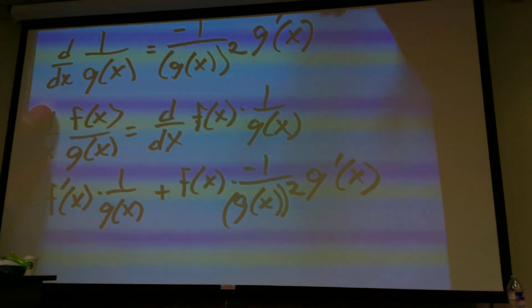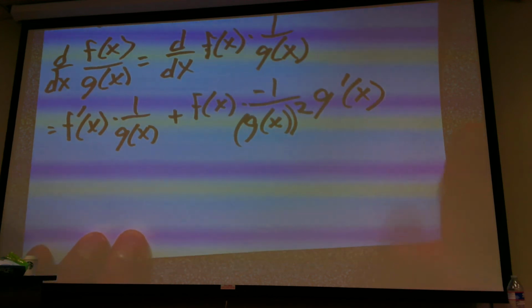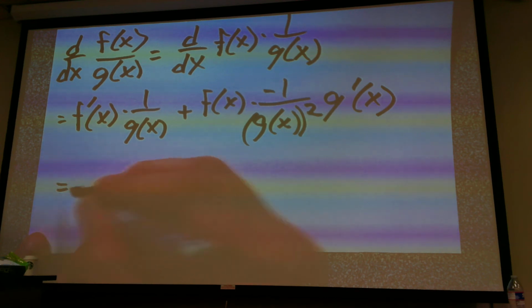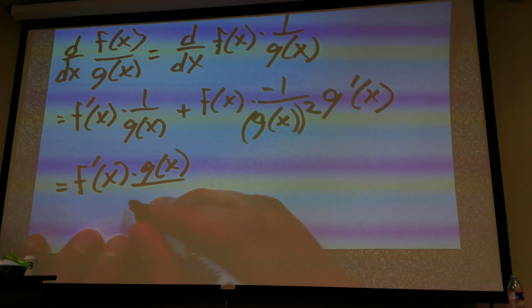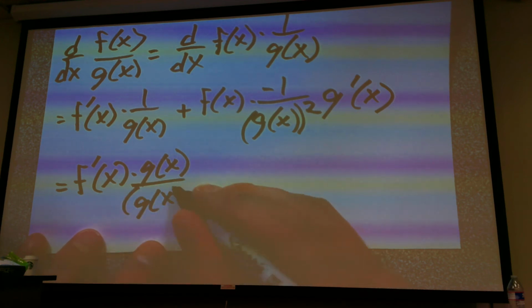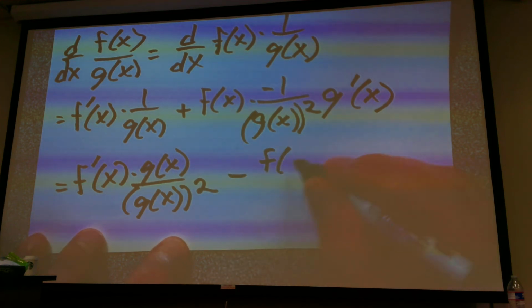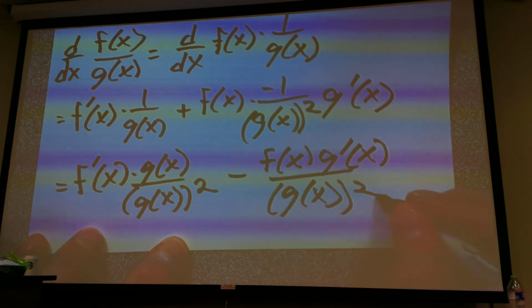Okay. To get a common denominator, I would multiply the first term by g of x divided by g of x. So this would be f prime of x times g of x divided by g of x squared, and then minus f of x times g prime of x divided by g of x squared.